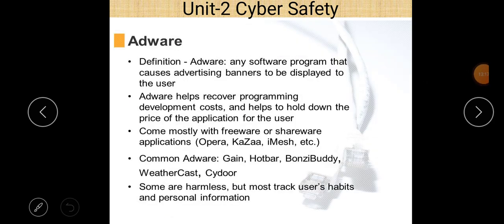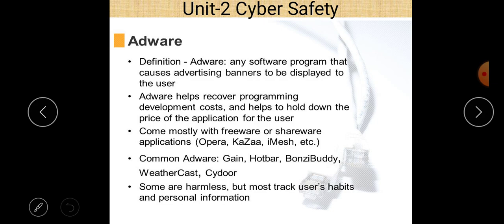The next type of malware is adware. As the name suggests, adware is related to the term advertisement. So the malware related to advertisement is also called adware. Now the definition: adware is any software program that causes advertising banners to be displayed to the user.